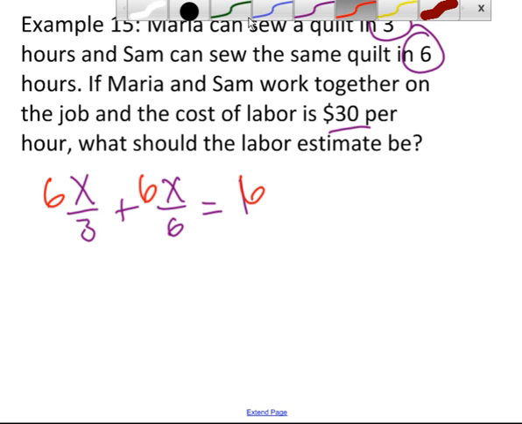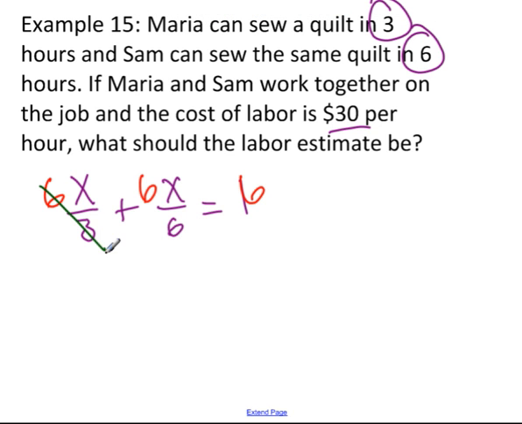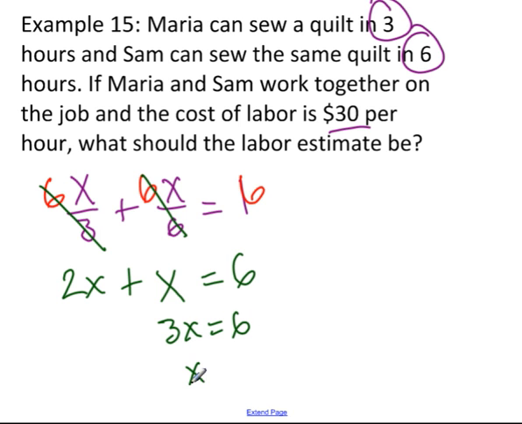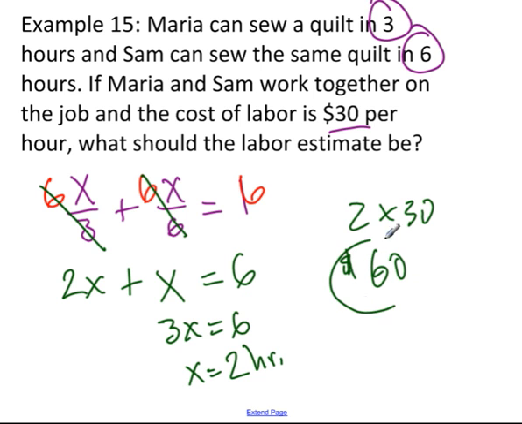Now, what is going to cancel? 6 divided by 3 makes 2x, and 6 over 6 makes x, and 6 there. So 3x equals 6, and that means 6 divided by 3 leaves 2. So it's going to take them 2 hours to quilt. Well, we're getting $30 an hour, so 2 times 30 means they're going to get about $60 is what it's going to cost. And that's it.